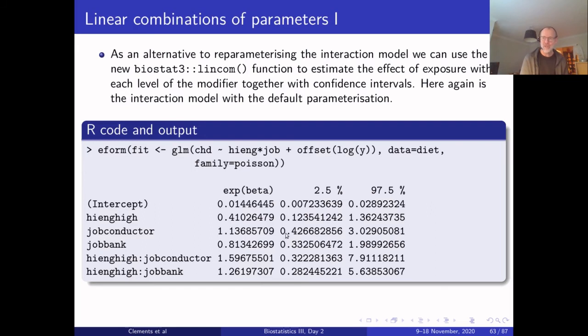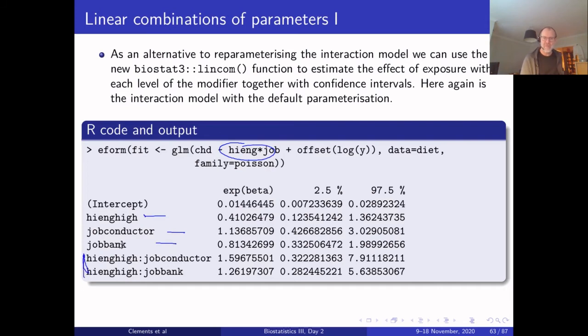What we can also do is take a fit which has been parameterized one way and then use linear combinations of the parameters to estimate other contrasts. So if we start out doing a main effect for high energy, main effect for job, and an interaction between high energy and job, we get main effects, and then we get the 2 here.